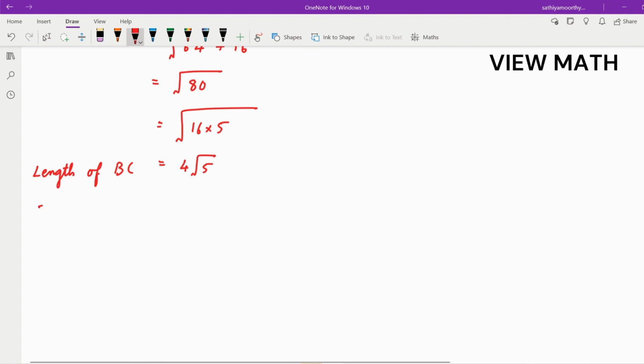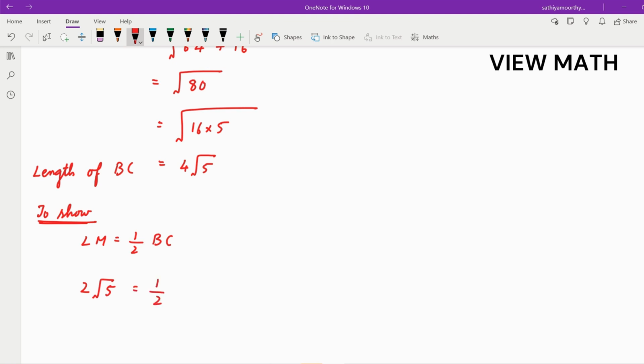Now they're asking us to show what? LM is equal to half of BC. They're asking us to show LM. Just now we found out it is 2 root 5. I'm substituting it. Half of BC, just now we found out it is 4 root 5.